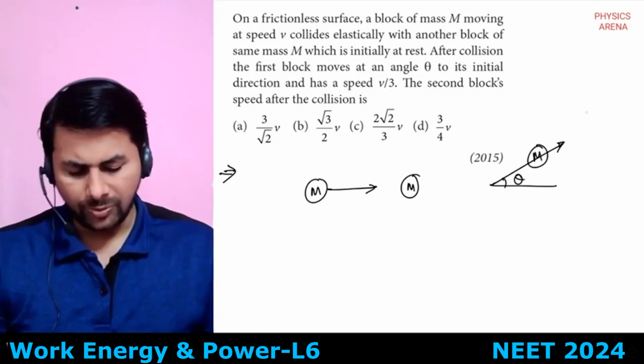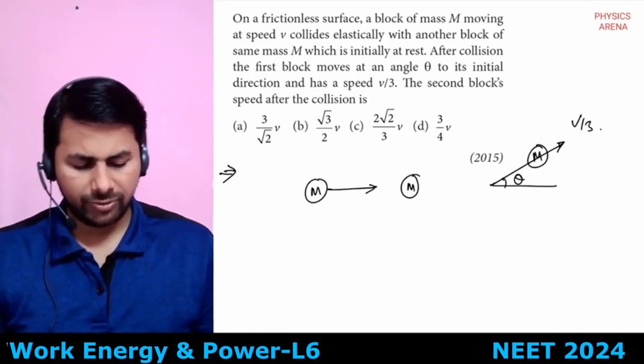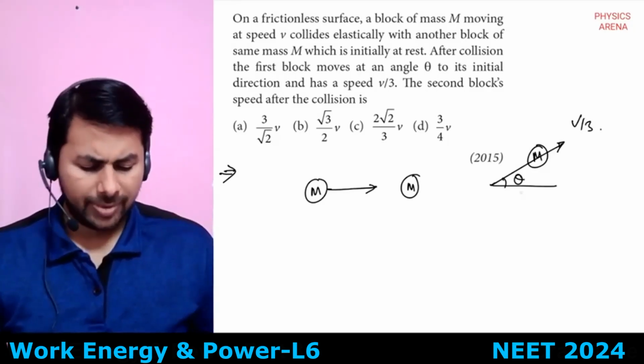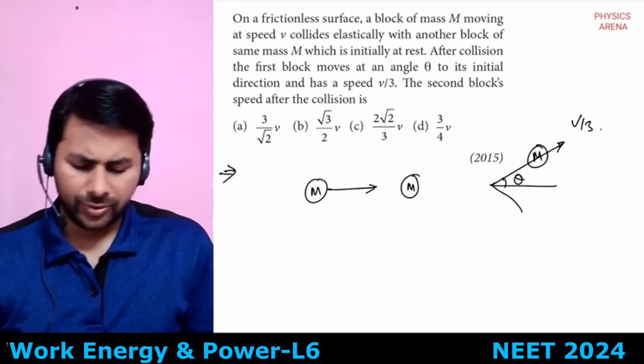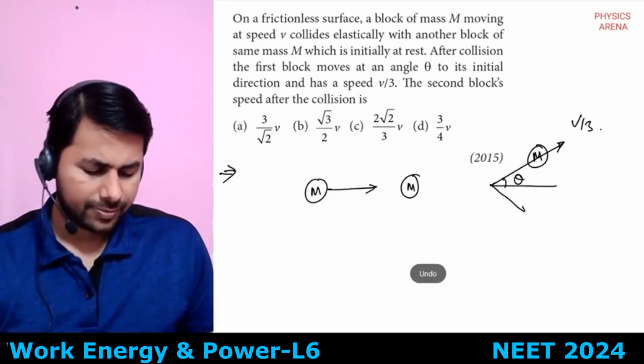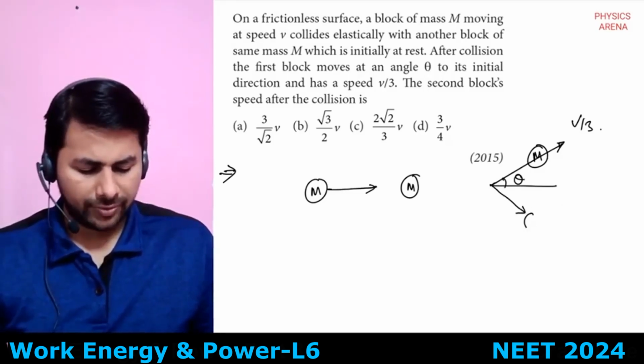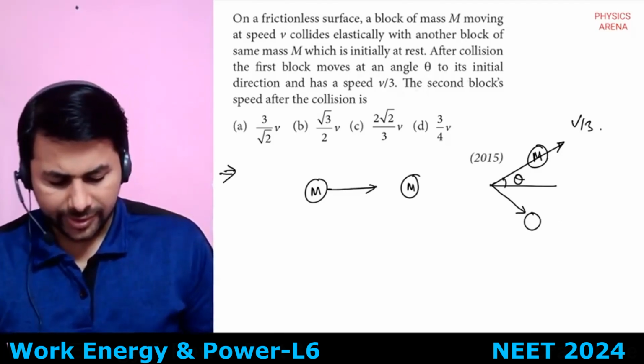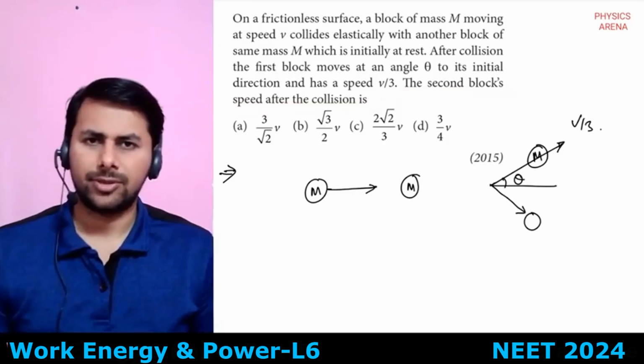And what is given? Speed becomes v by 3, right? So what will happen to the second one? The second one will move at some angle, suppose. What is asked? What is the speed of the second one?